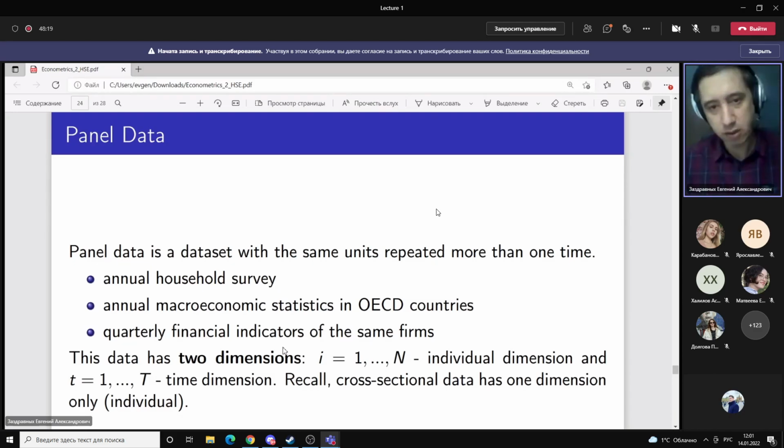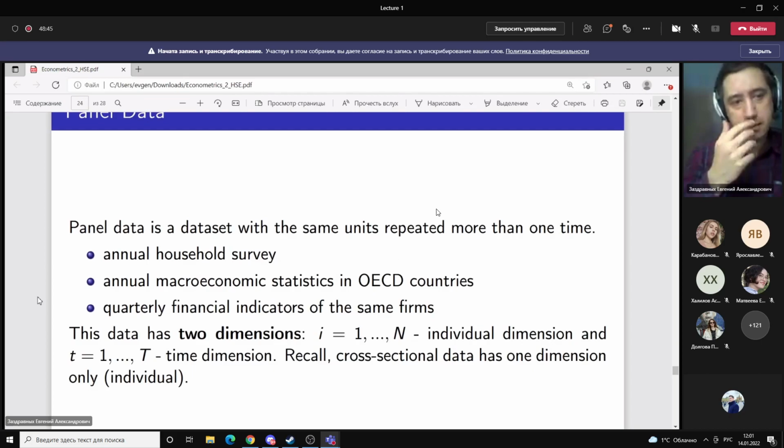It has an individual dimension, which shows us how many units, firms or individuals, we have, and a time dimension, which shows how many periods we observe our individuals. Note that cross-sectional data has 1 dimension only, the individual dimension.